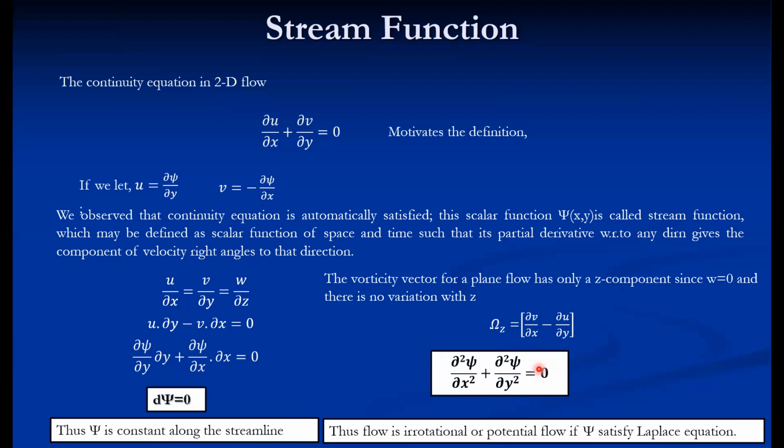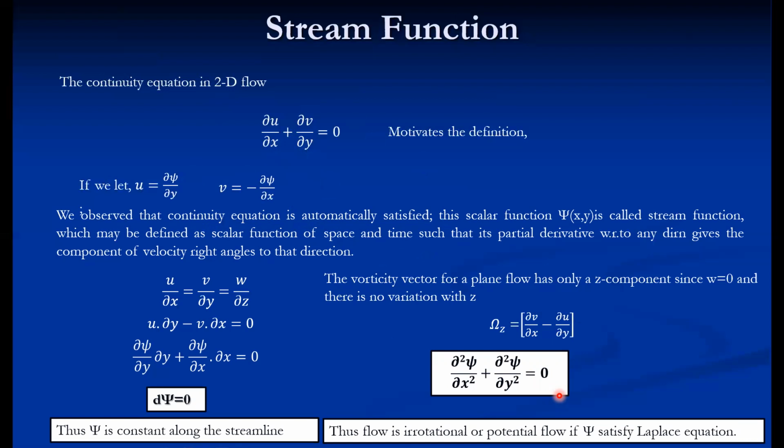If the ψ function exists, we already proved that this substitution automatically satisfies the continuity equation, and the continuity equation means it is a possible case of flow. So if the ψ function exists, then the flow is possible. And if the ψ function satisfies the Laplace equation, then it is a possible case of irrotational flow.